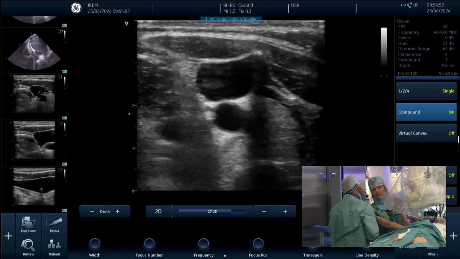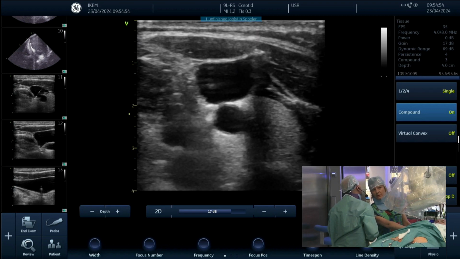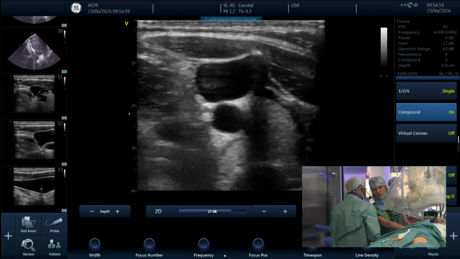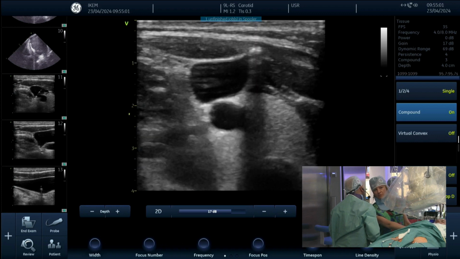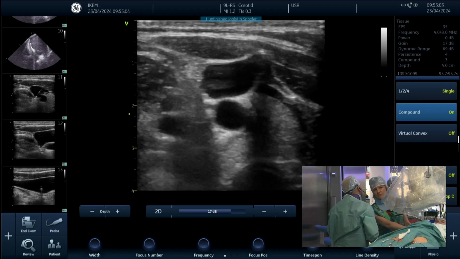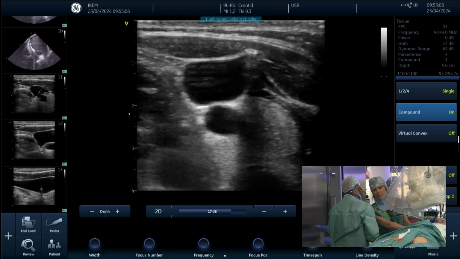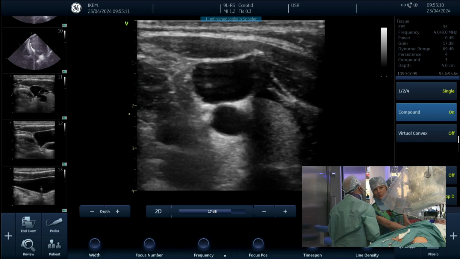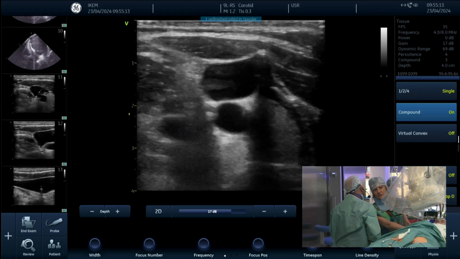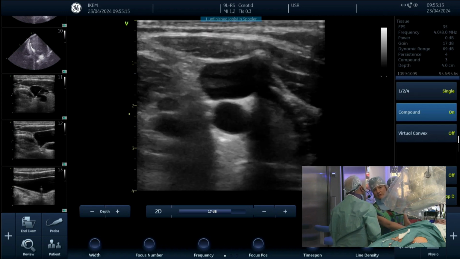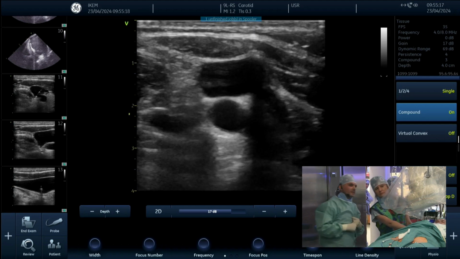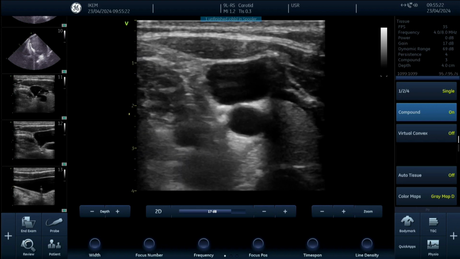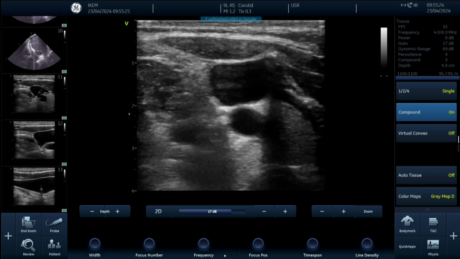If you have any problems, please use the color Doppler with small velocity values to distinguish the nerve from the small vessel. This is the transverse plane, and this is the best plane to visualize the vagus nerve because we can see the whole cross-section area, all of the structures: the vein, the nerve, and the artery. So that's the typical view for the vagus nerve.